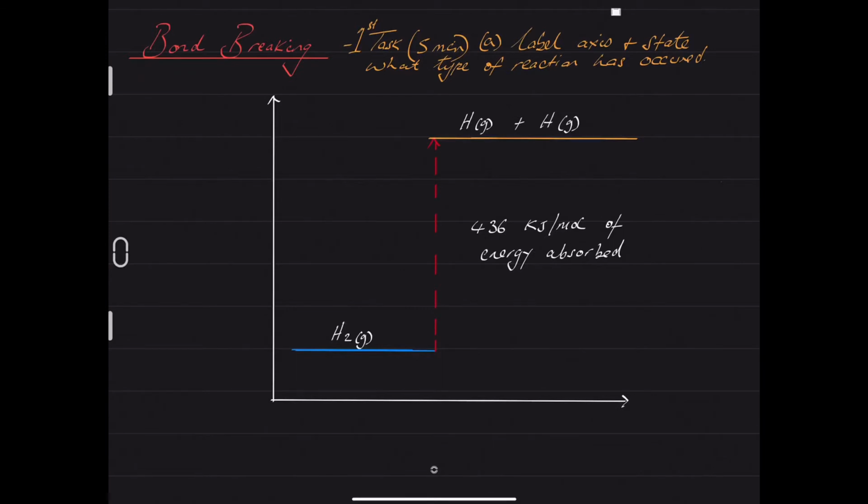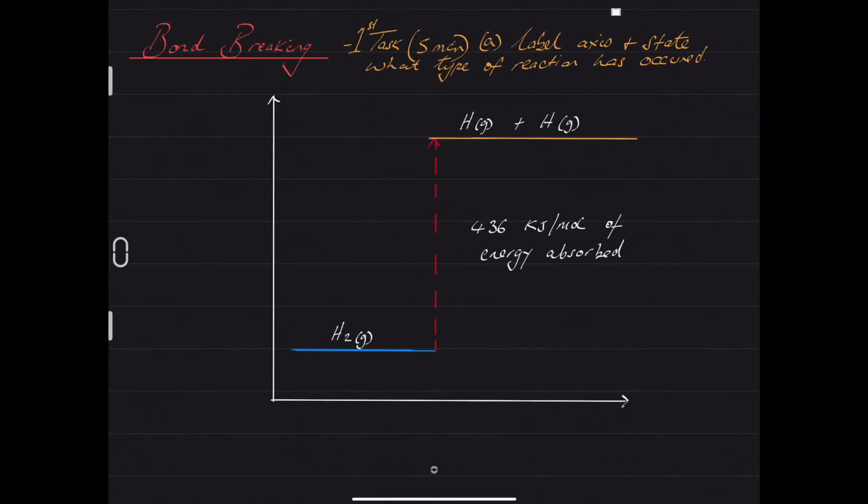In addition to labeling the axes and telling me what type of reaction has occurred, I want you to label the products and the reactants clearly on your diagram as well. So I'll repeat again. You are to sketch this graph out. You are to label the axes correctly.